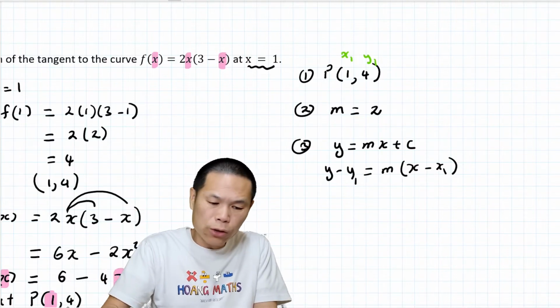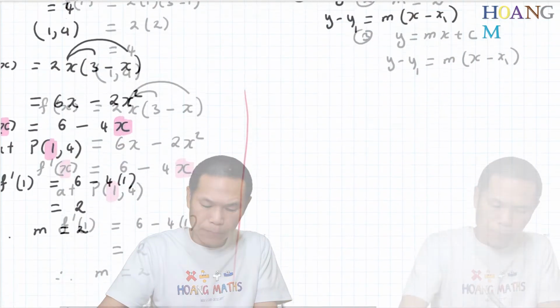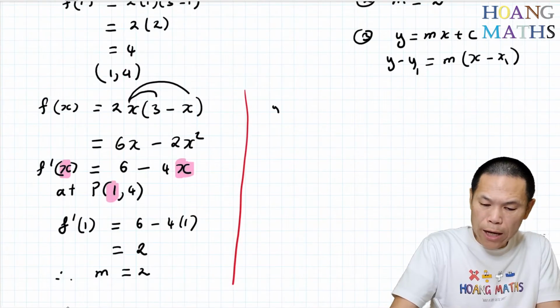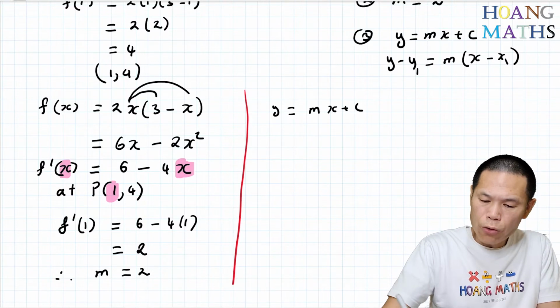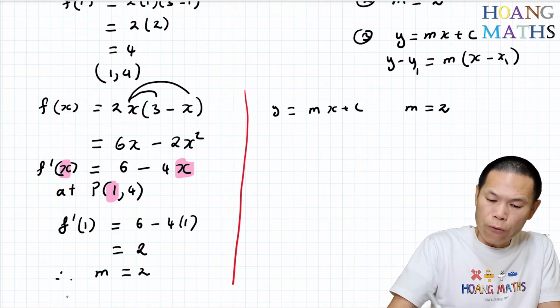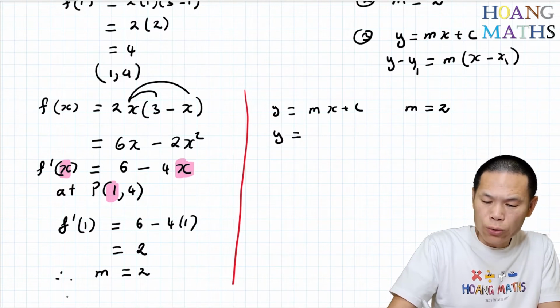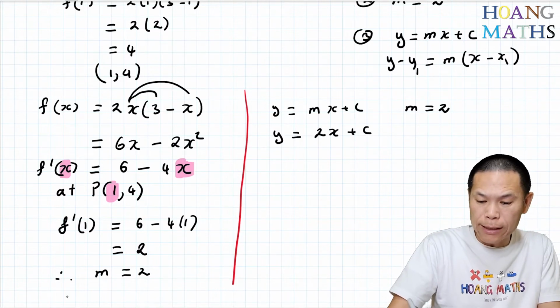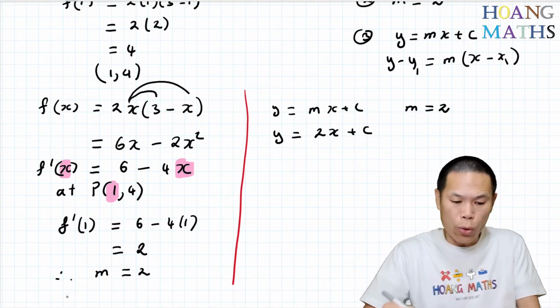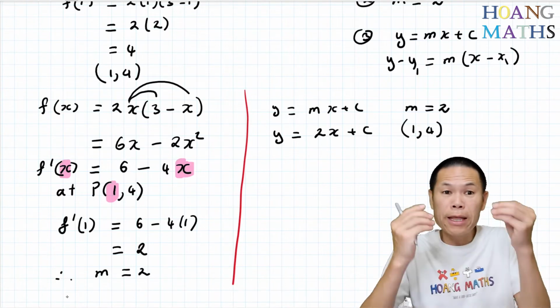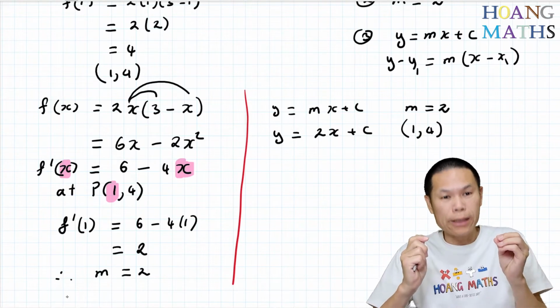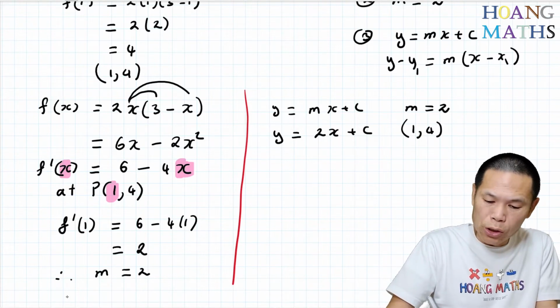So first of all, let's use y = mx + c. And we know that the gradient m is equal to 2. So therefore, y = 2x + c. And we also know the point, that is (1, 4). So this means that when x is 1, y is equal to 4. So I just substitute that in.